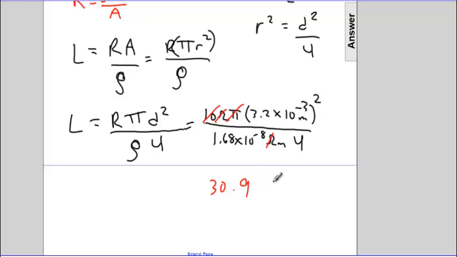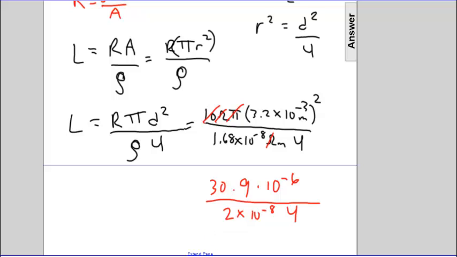That's 9. What is 10 to the negative 3 squared? That's 10 to the negative 6, divided by 1.68. I'm just going to call that 2 times 10 to the negative 8. I just round everything. Divided by 4.